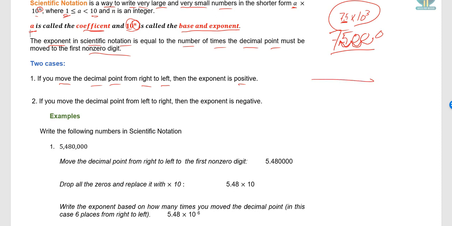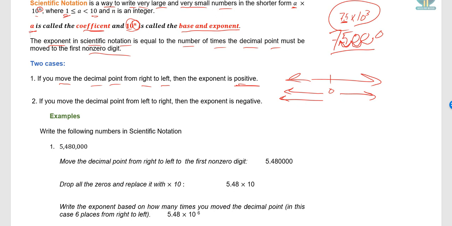So think of a number line: 0, and you typically go positive to the right, and you typically go negative to the left. In this case, if you move from the right to the left, then your exponent becomes positive when you're writing out the number in scientific notation.